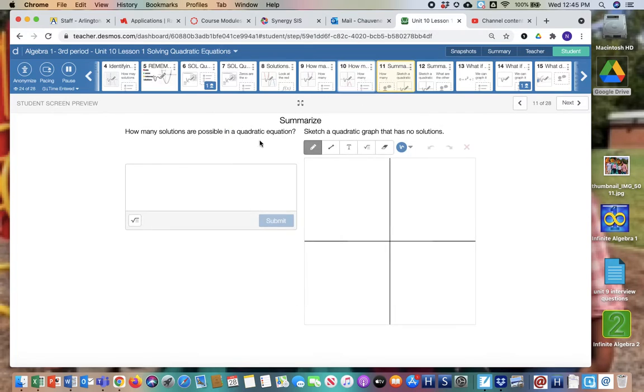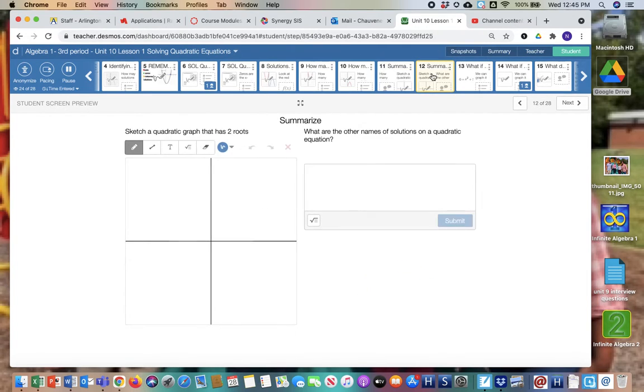All right, so how many possible solutions are there in a quadratic equation? Well, you could have 0, you could have 1, or you could have 2. Now it says draw a graph that has no solution. So we need it to not cross the x-axis. It could look like that and open up, or it could look like this and open down, right? But it has to not cross the x-axis. All right, here, draw a quadratic graph that has 2 roots. Okay, well now what could happen? It could open up and cross like this.